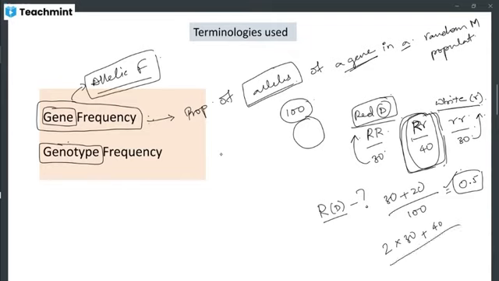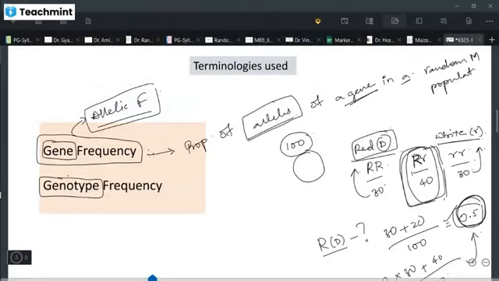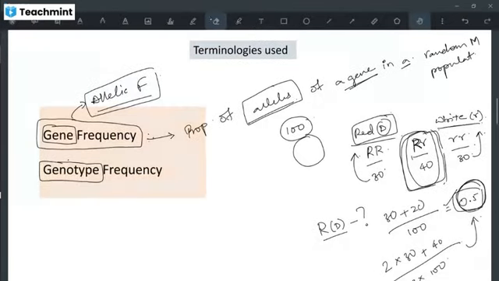So 40 divided by 2 into the total number of individuals. Okay, so eventually we will end up with this value. So this is how you will calculate the gene frequency or allelic frequency, right? Hope you guys got up to this.